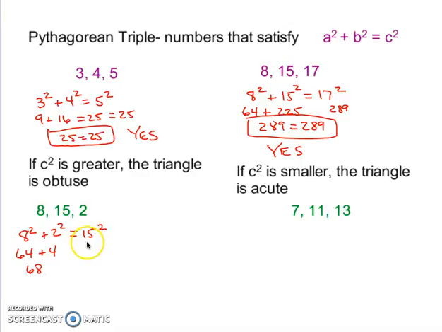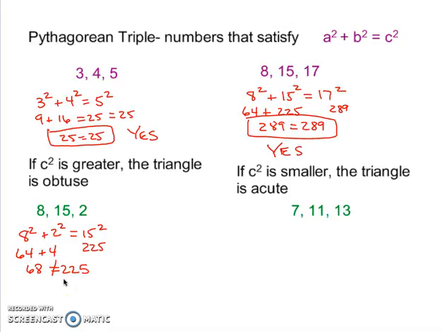And we know that 15 squared is 225. So when we set this up, we're saying 68 is obviously not equal to 225. So I would cross out the equal sign because they are not equal. So it's definitely not a right triangle.